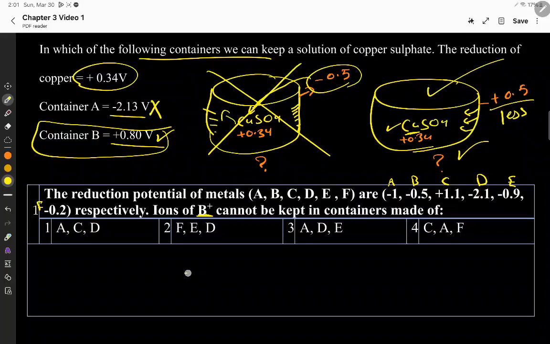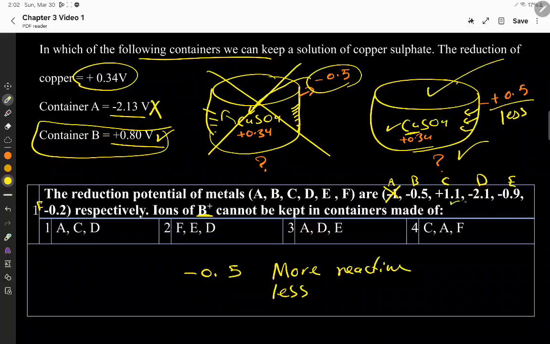Now, ions of B, which is negative 0.5, cannot be kept in containers made of metals which are more reactive. Which containers are more reactive? The containers which have less reduction potential. So anything less than negative 0.5, we cannot. The first one is negative 1, so it is more reactive. We cannot keep it in container A.